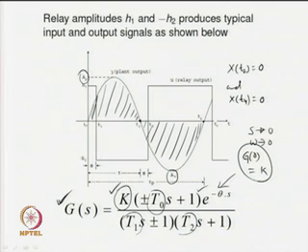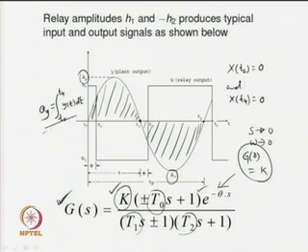Let us denote the asymmetrical output area by the symbol Ay. Thus, Ay can be given in the form of an integral starting from time t0 to t4 of y(t) dt.